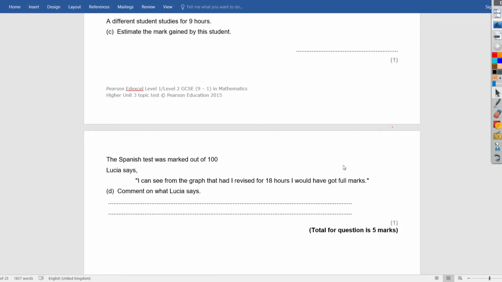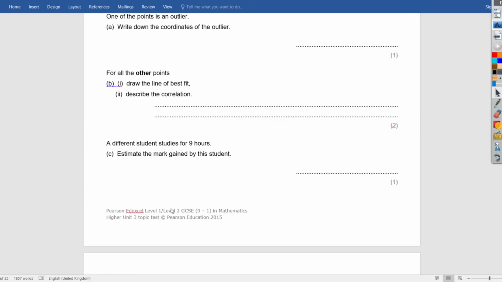Let's just quickly see what it says. The Spanish test has been marked out of 100. Lucy says, I can see from the graph that had I revised for 18 hours, I would have got 4 marks. Comment on this.